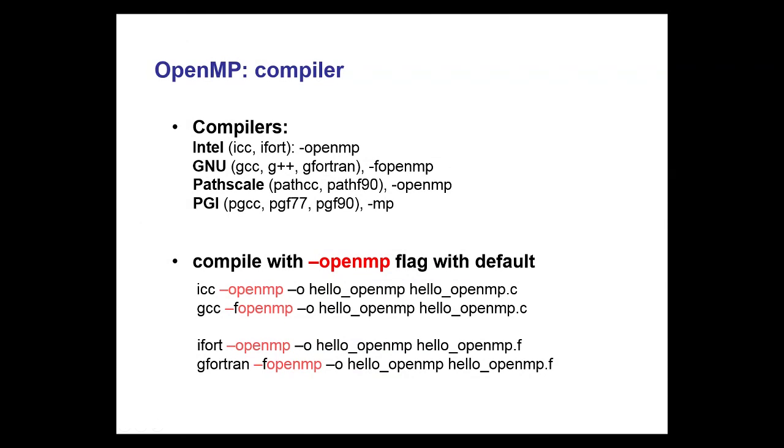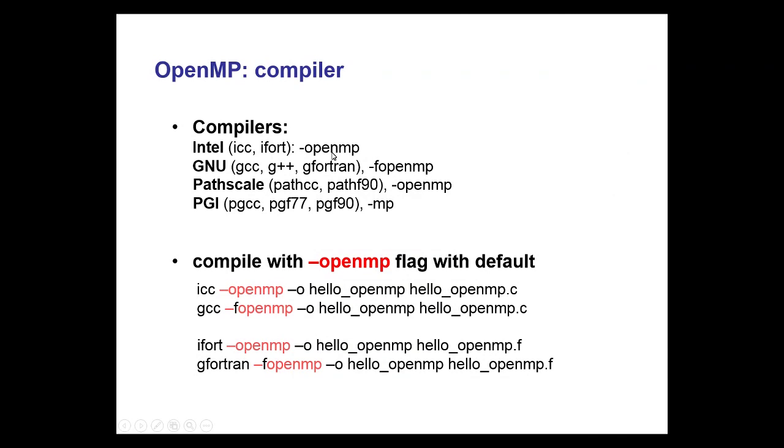And then there are other specific compilers, and there's the PGI compiler, which is also a very famous one. Although all compiler companies agree with the OpenMP definition, they do have different approaches, and the commands used are slightly different as well.